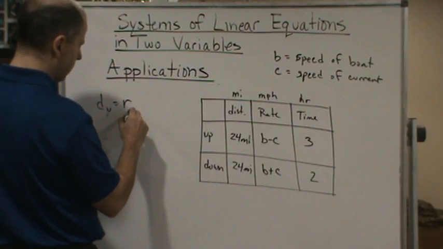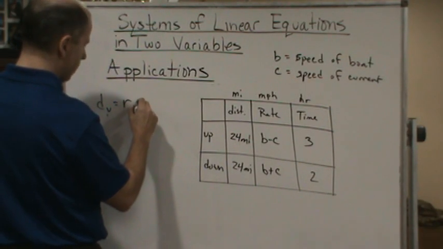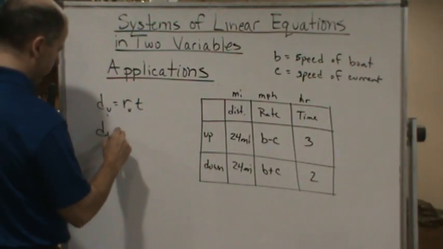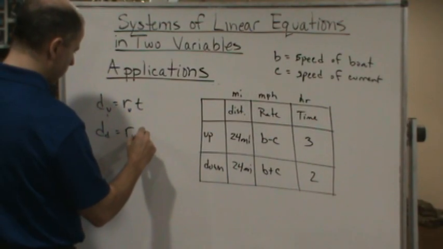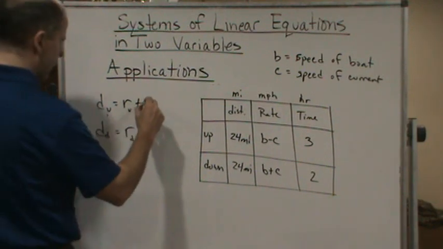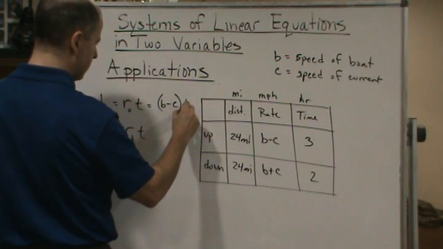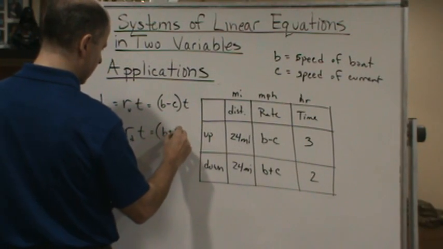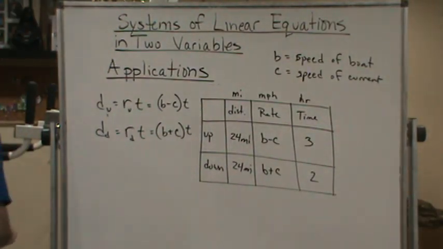The rate going upstream times time, and then distance downstream equals the rate going downstream times time. And so this here is just going to be B minus C times T. And this one here is going to be B plus C times T. Right?